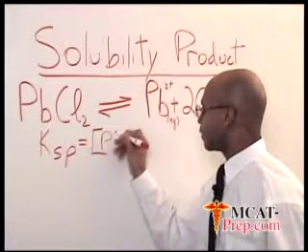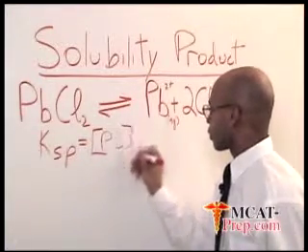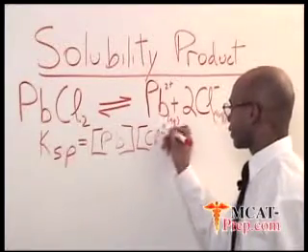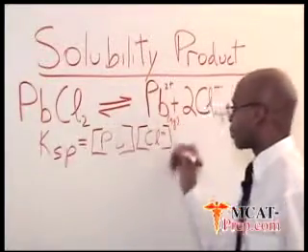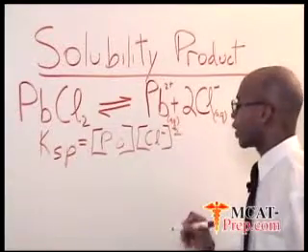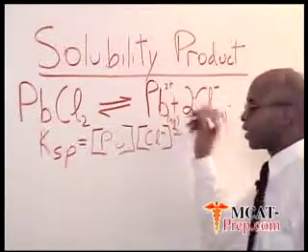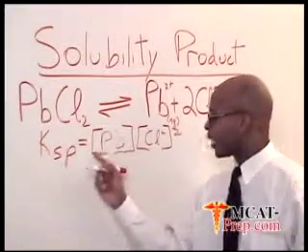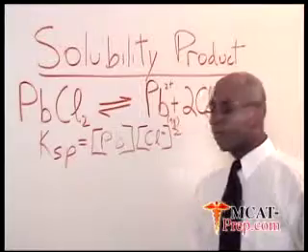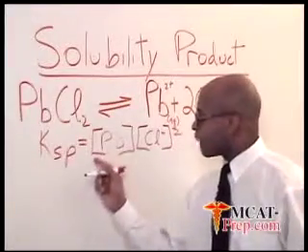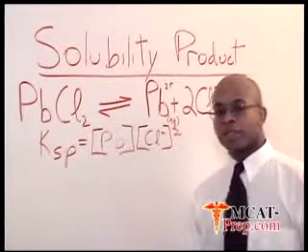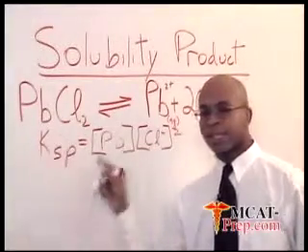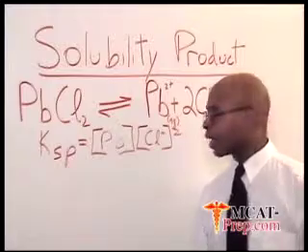We have [Pb2+] and [Cl-], once again, the square brackets representing the concentration, and this is squared because there is a 2 in the balanced equation. So we have [Pb2+][Cl-]^2. If we're given the concentrations at equilibrium of Pb and Cl, we are able to calculate the solubility product.